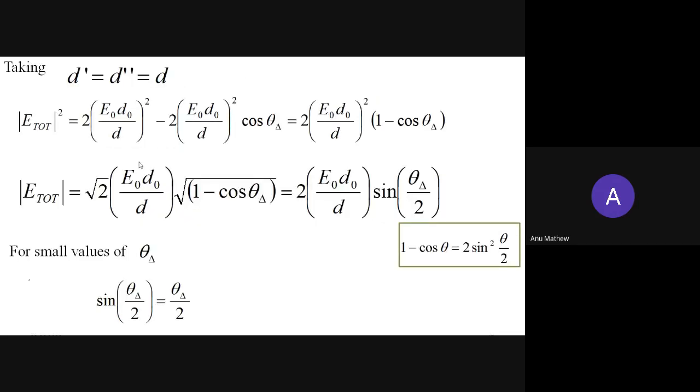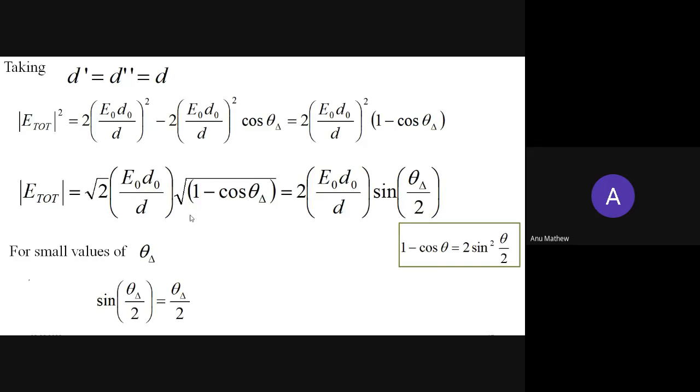So we are taking d' equal to d'' equal to d. So we can rewrite it as E total square equals 2 into (E0 d0 by d) whole square minus 2 into (E0 d0 by d) whole square cos theta delta. That is equal to 2 into (E0 d0 by d) whole square into (1 minus cos theta delta). So from this we can write E total equals root 2 into E0 d0 by d into root of (1 minus cos theta delta).